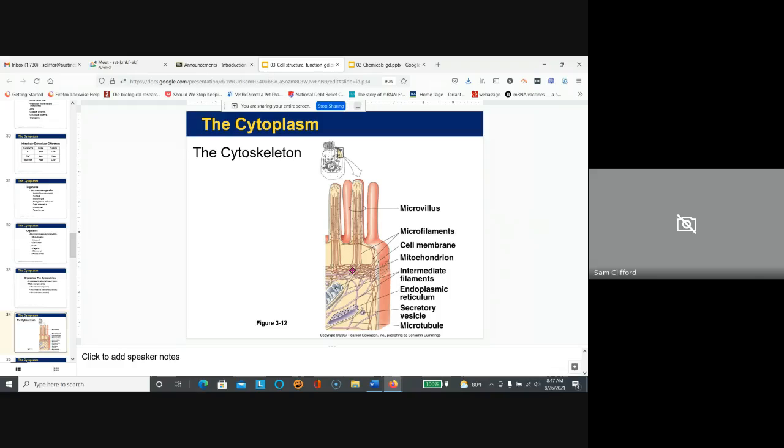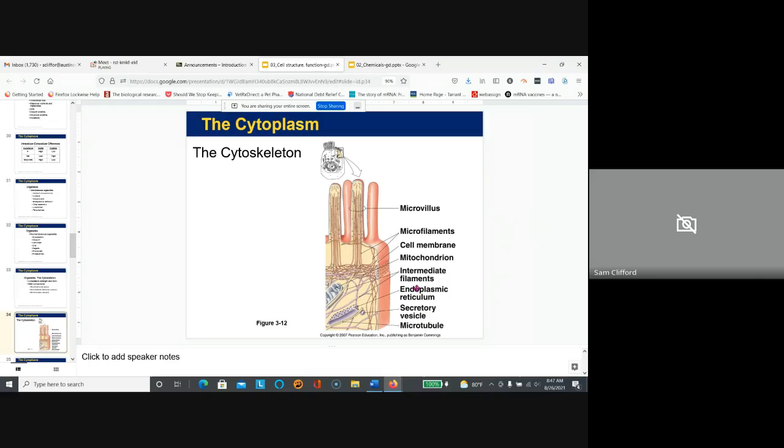Digestive cells basically maintain their shape to allow absorption of food substances into the inside of the cell, where they're digested and converted into energy by mitochondria. So make sure you know these microtubules and other substances. Microtubules with microfilaments make up the cell skeleton. All these filaments are involved in the cell skeleton.